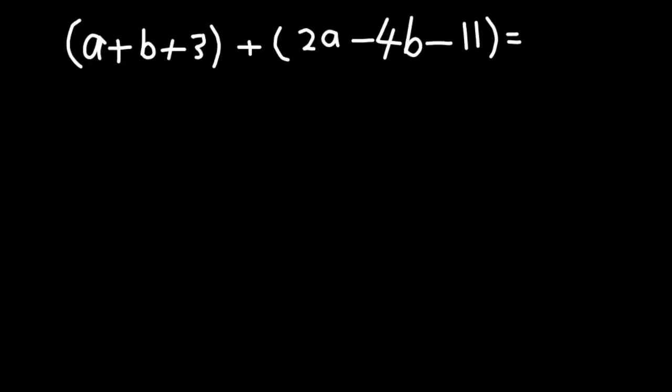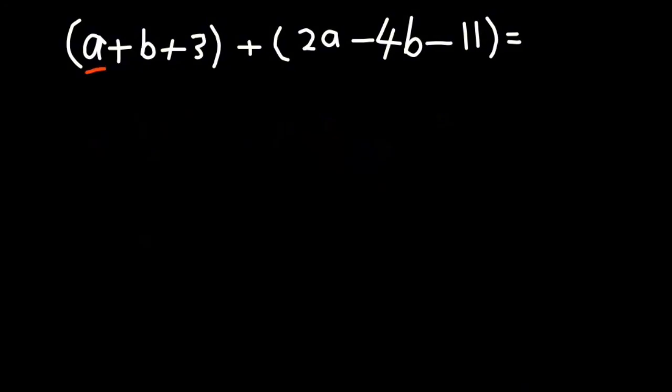Now let's try something different. In this example, we are working with a and b and a constant number. In polynomials, it's not necessary to use x and y, we can use any variable. It's not necessary to see x or x squared. We can see a, b, or any letter. So again, I'm following the same steps.